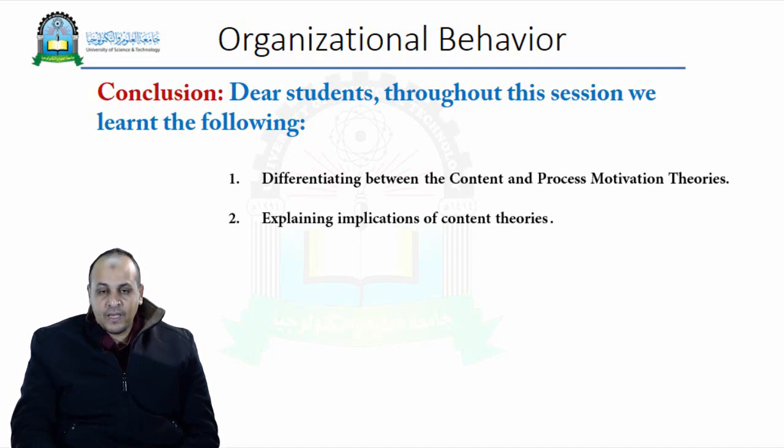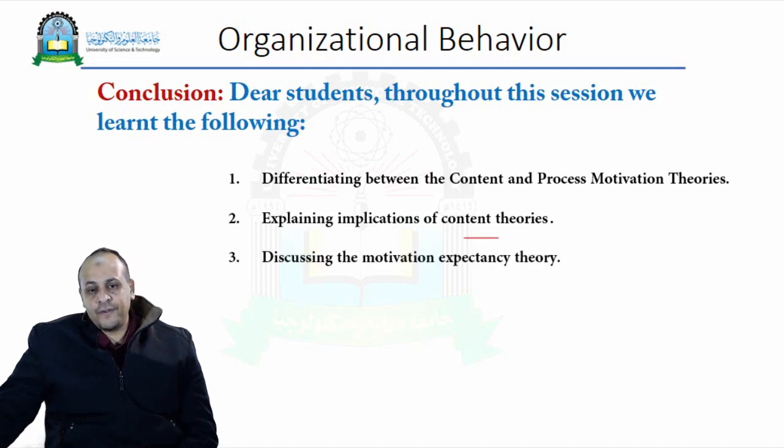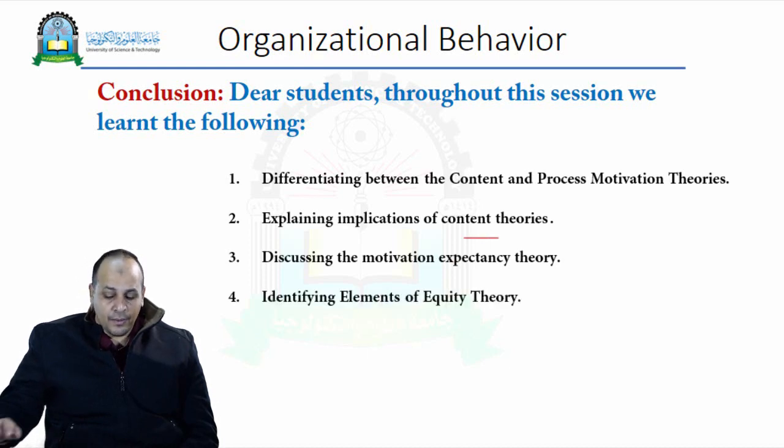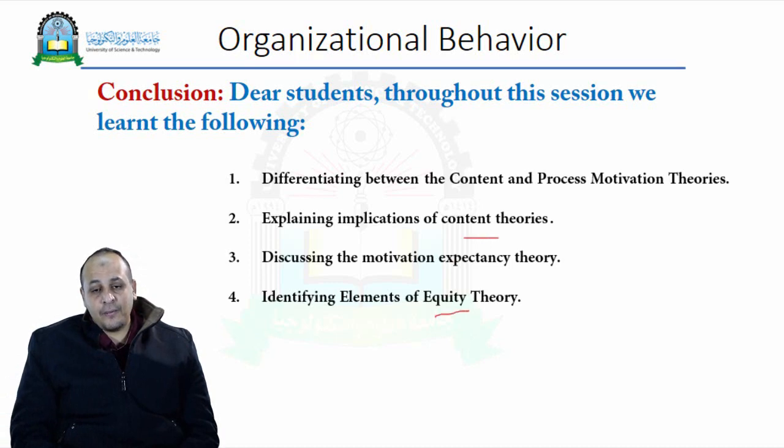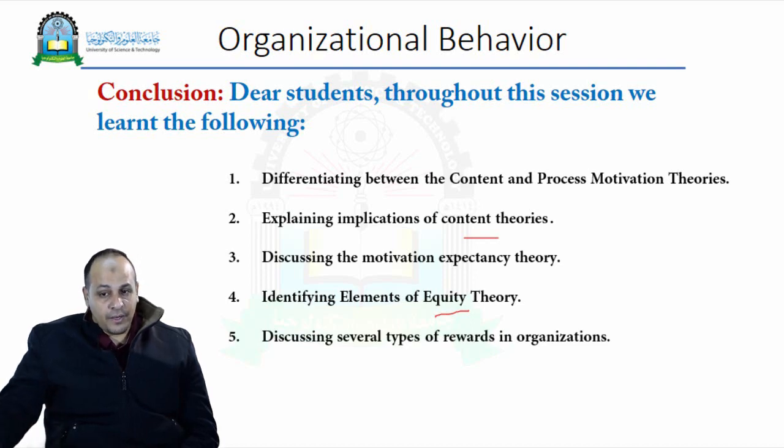الإنجاز إلى آخره. So here we studied the following point, differentiating between the content and the process motivation theories. We also explained the implications of the content theories, and we discussed motivation expectancy theory and the three elements within that theory. We identified the elements of equity theory.